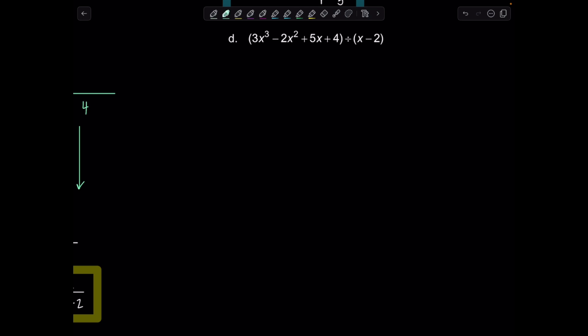Yeah? Okay, let's see. So x minus 2, we're dividing that into 3x cubed minus 2x squared plus 5x plus 4. Here, I'll color code. So divide 3x cubed by x. What do you multiply x by to make it 3x cubed? 3x squared. Beautiful. Then you multiply.